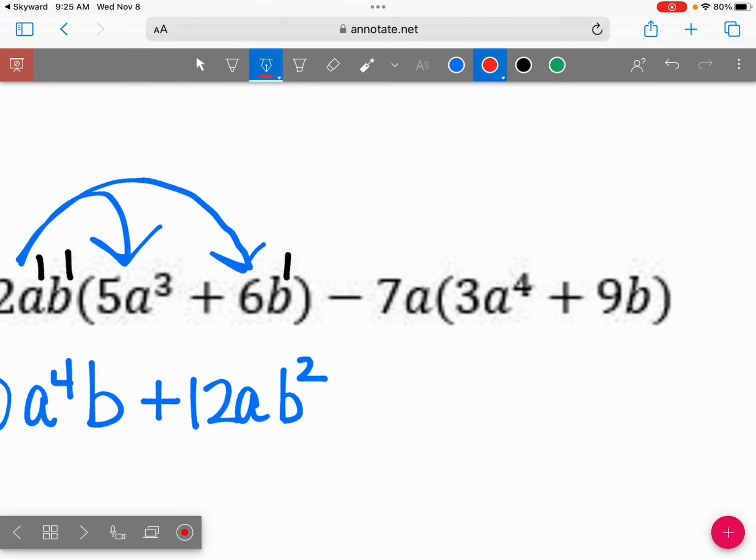All right, now do the same thing with our second one. Now you're multiplying a negative 7A. Go ahead and multiply that by both of those terms.